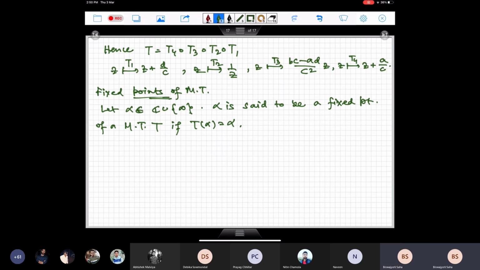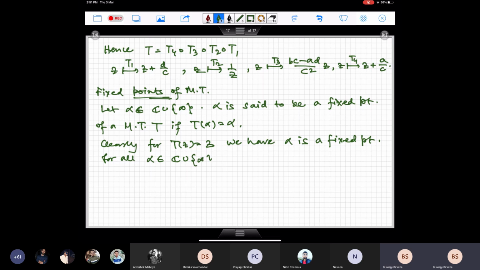So clearly for Tz equal to Z, we have alpha is a fixed point for all alpha in C union infinity.